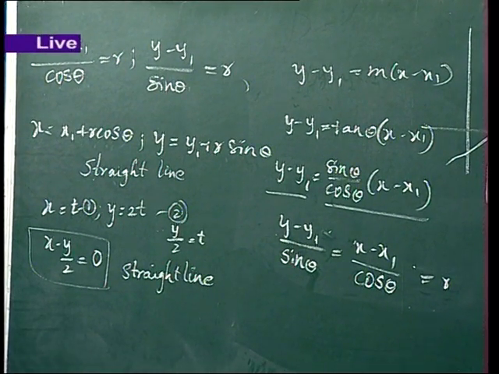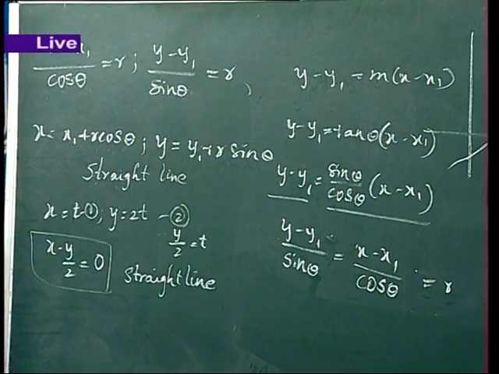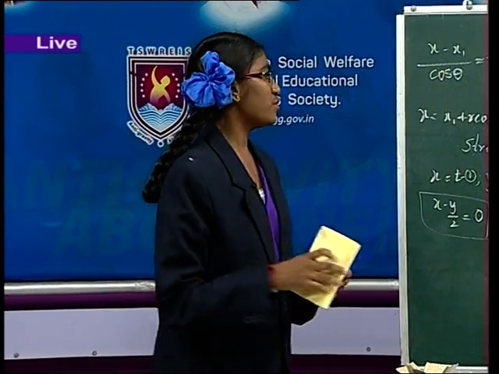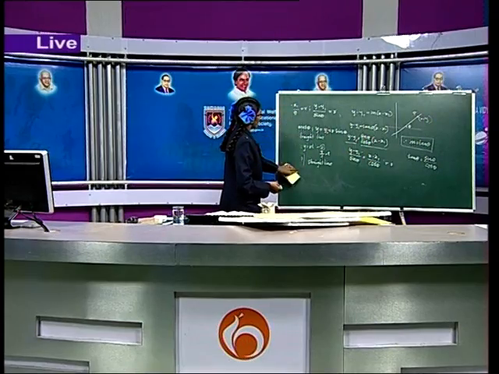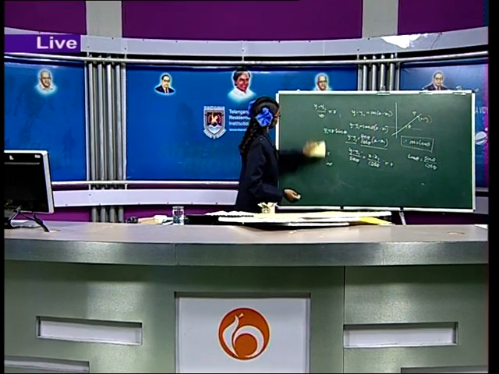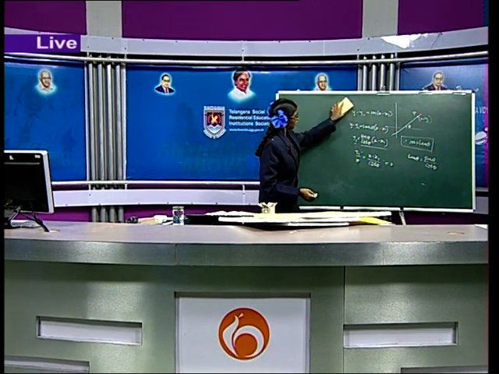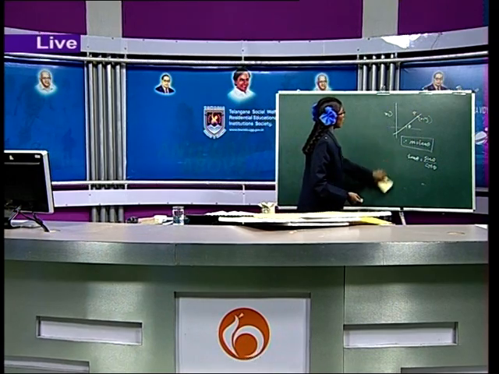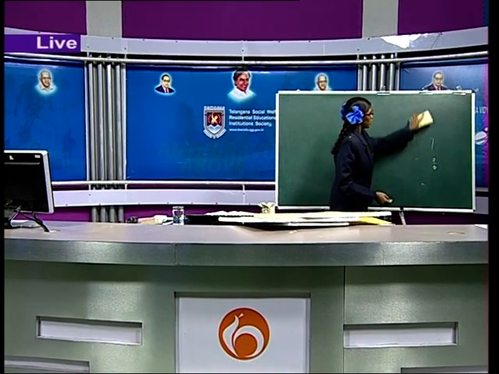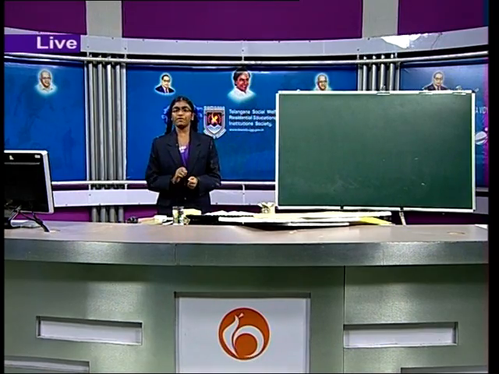Okay friends, now we are going to look at another geometrical figure, the circle. We are taking another example for the circle. What is a circle? A circle is the set of points joined at an equal distance from a fixed point, the center.